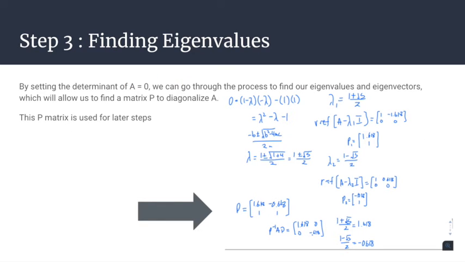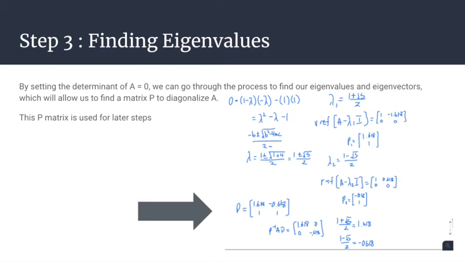The next step is to actually find the eigenvalues of this matrix A. The reason we do this is because we can't exactly write an expression for A raised to a certain power, as we did in the last step. We aren't able to write an expression that would allow us to find the explicit rule.